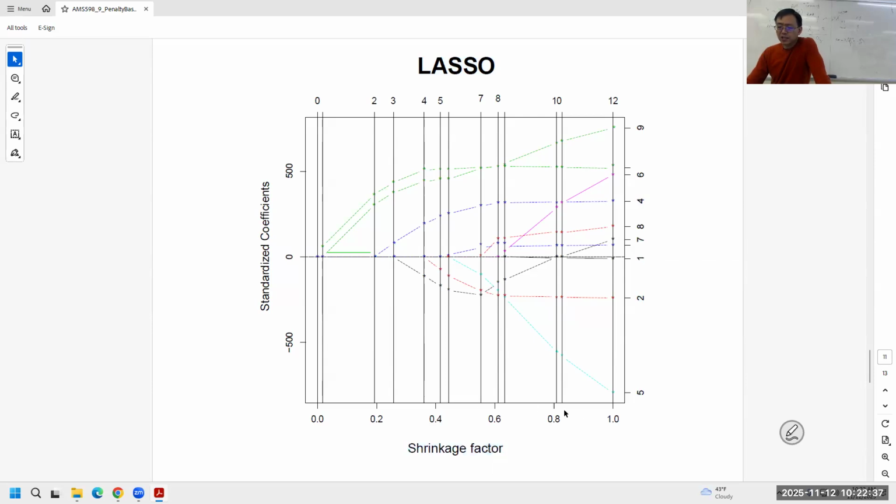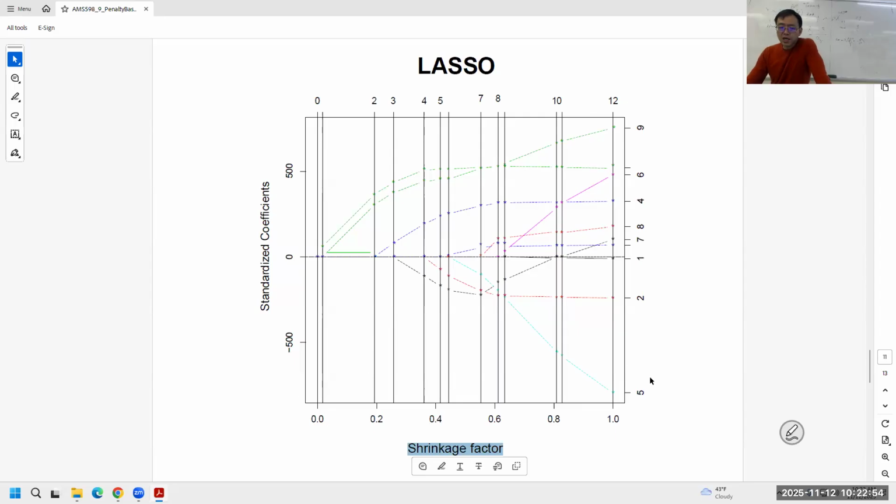The y-axis corresponds to different shrinkage factors. The shrinkage factor is not the same as lambda; lambda is our penalty parameter. If the shrinkage factor equals 1, we don't have any shrinkage. When it's 0, we shrink to 0.